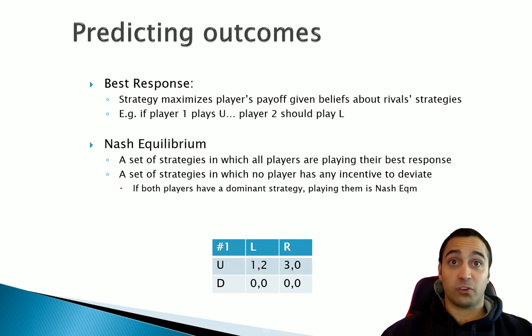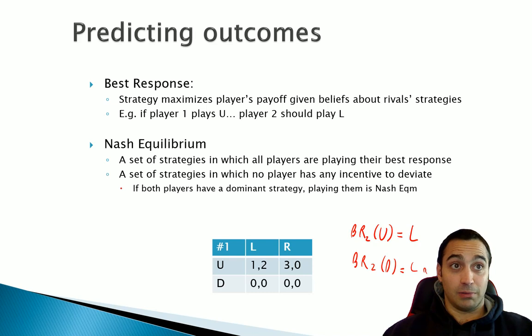The best response for player 2 to player 1 playing up is for player 2 to play left. Similarly, the best response for player 2 if player 1 plays down is to play left or right. Doesn't matter.